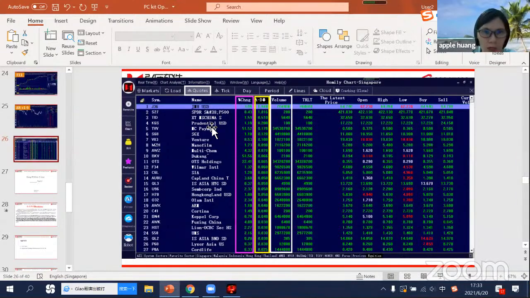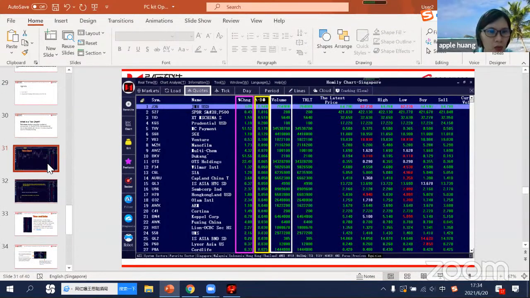I also explained how you can sort based on the code, so during the day you can sort and look for trading opportunities. The common items are percentage of change, A minus D, and volume.